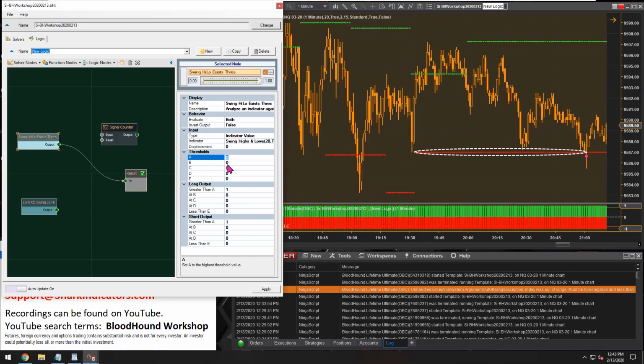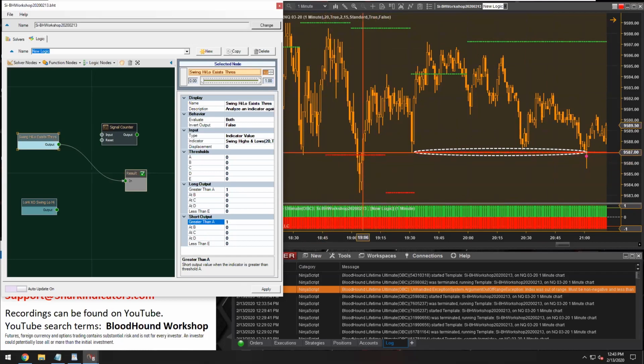If the widest tops, the green lines here, have a value greater than 0, so long output greater than A. What is A? A is 0. So if our swing high plot exists and it's greater than 0, we're going to get a long output. And the same thing for the swing lows.